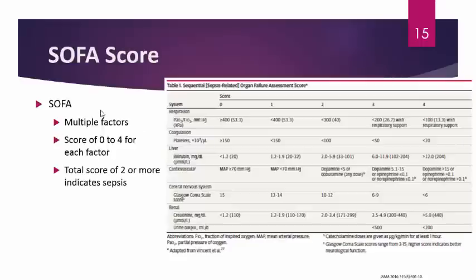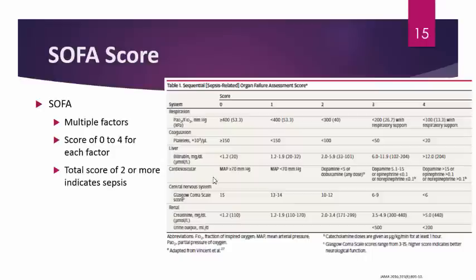Moving to the next slide, the SOFA score actually has multiple factors that are associated with it, and you can have anywhere from a score of 0 to 4 on the SOFA score. The SOFA score measures your different organ systems such as respiration, coagulation, liver disease, cardiovascular disease, your central nervous system, as well as your renal system.